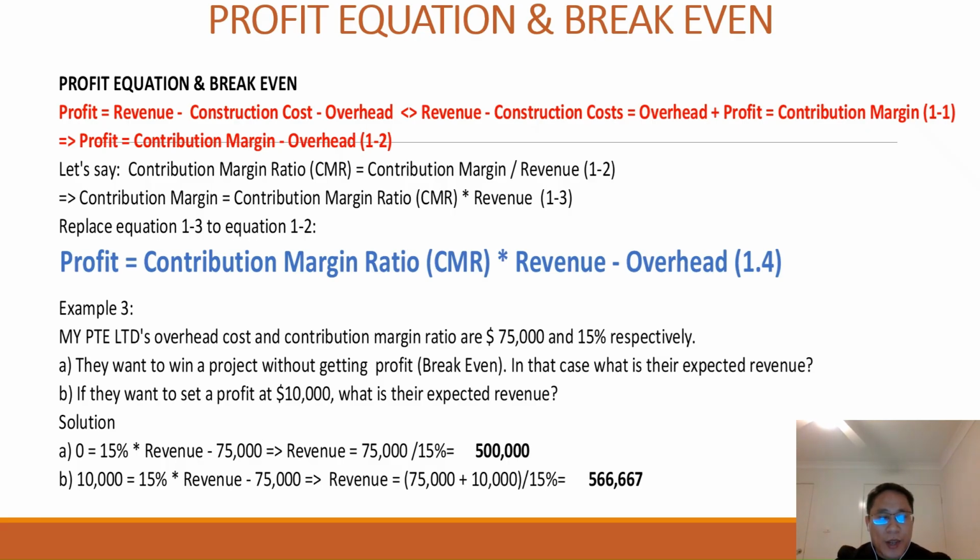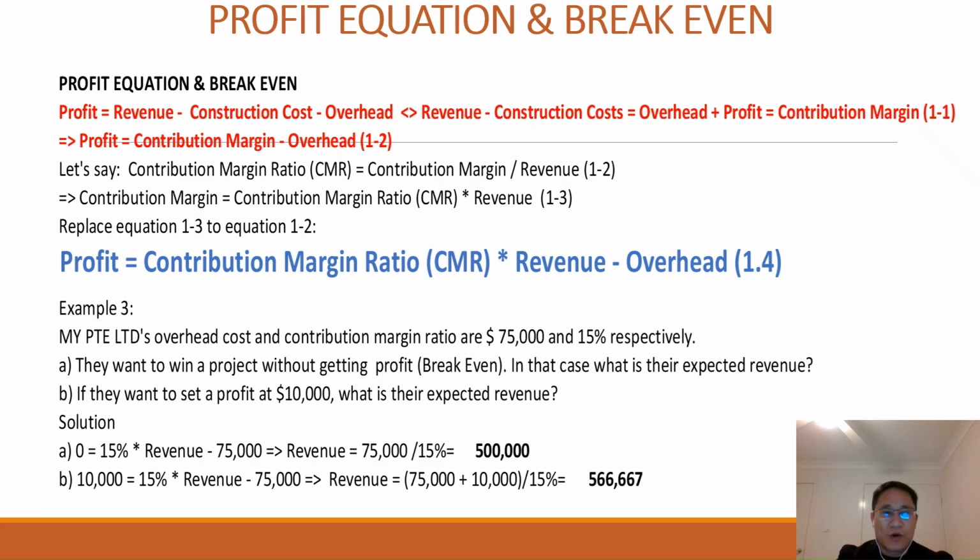So by that, we will resolve example 3. My company's overhead cost and contribution margin ratio are 75,000 and 15% respectively. My company wants to win a project without getting profit.